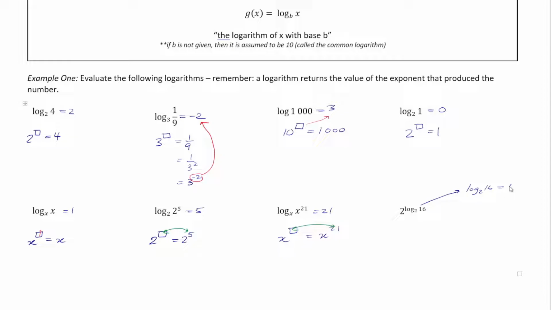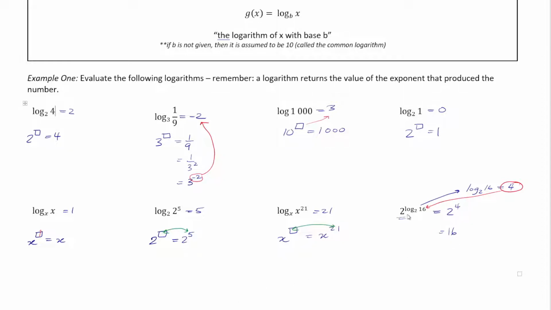Well, 2 to the power of 4 gives me 16. So what I'm saying right here is that this logarithm is equal to 4. So instead of writing this logarithm, I'm just going to write what it equals, 4. So 2 to the power of 4, because that was my original base, and I'm just taking this logarithm and inserting its value back into this statement right here. Well, 2 to the power of 4 is just 16.